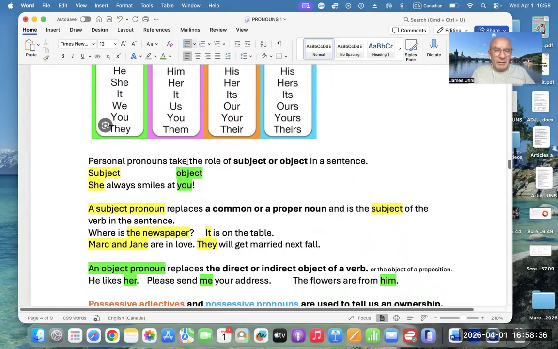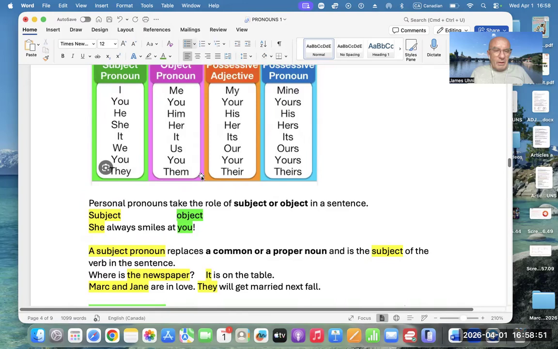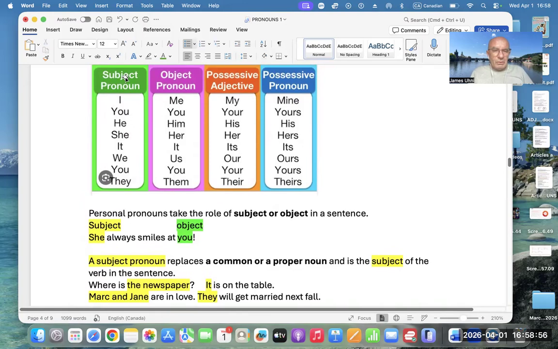Personal pronouns take the role of subject or object in a sentence. Subject: she always smiles at you. Object. She is the subject. You are the object.